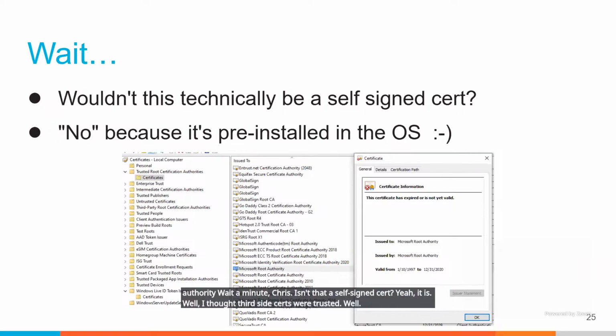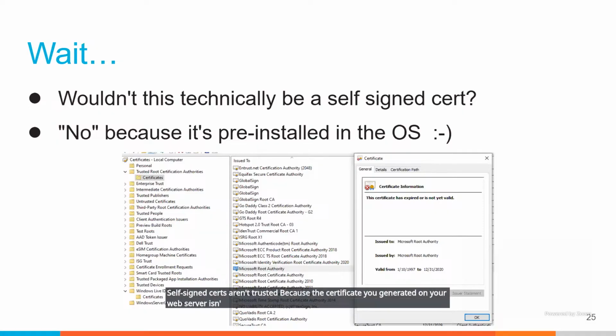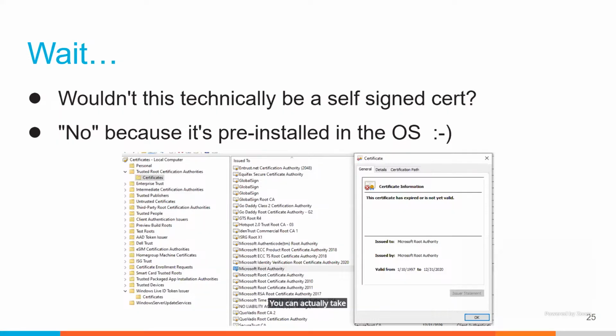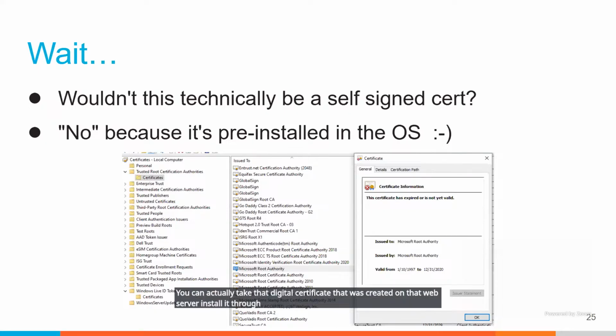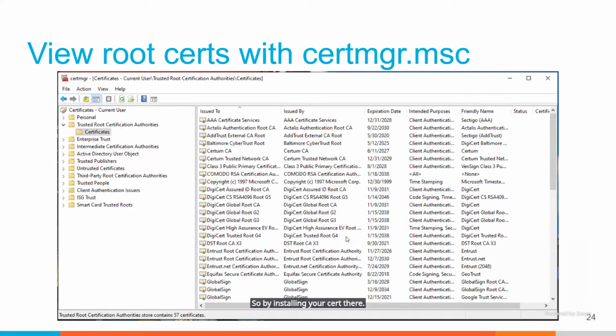Well, self-signed certs aren't trusted because the certificate you generated on your web server isn't pre-programmed into Certificate Manager. You can actually take that digital certificate that was created on that web server, install it through Certificate Manager on your system, and now you will no longer get this error message anymore. So by installing your cert there, that'll take care of that problem.